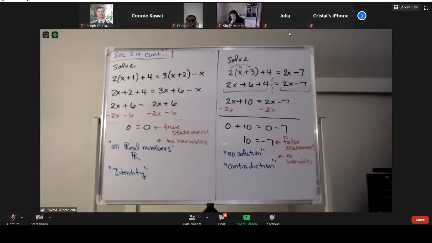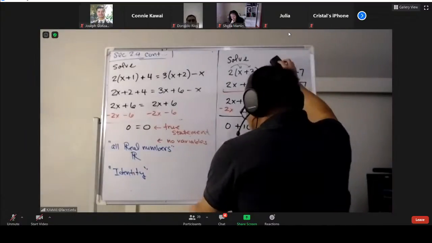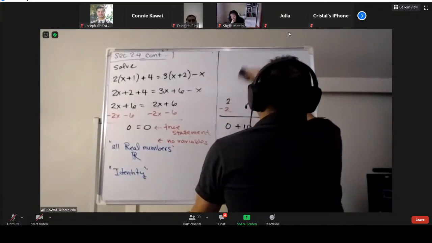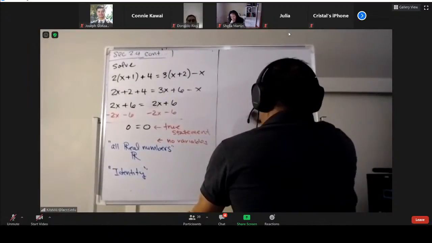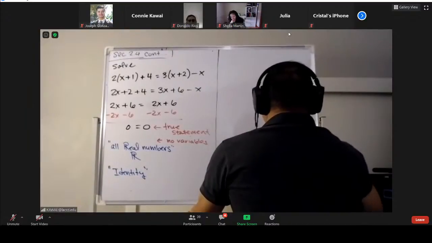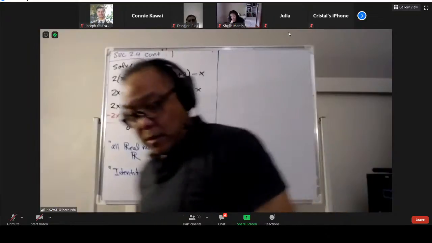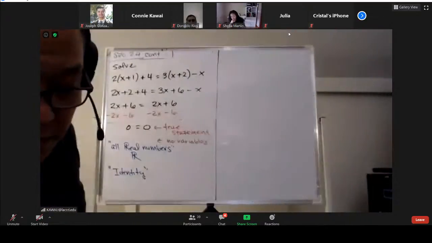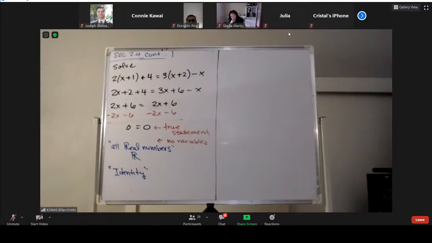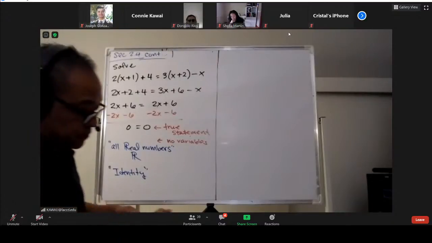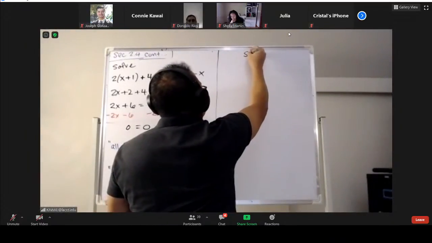Okay. So I'm going to erase this right side. I'll leave this left side up for you. Okay. Now, on this right side, what we're going to deal with is fractions. So let's sort of look at how to deal with fractions.